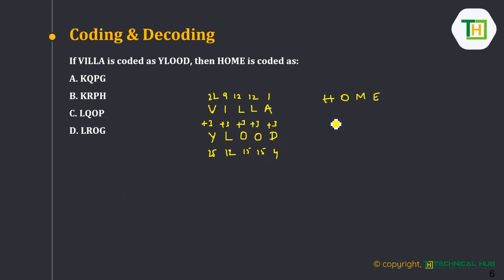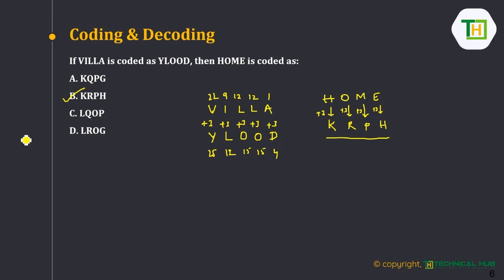H is 8, 8 plus 3 is 11, so it should be K. O is 15, 15 plus 3 is 18, which is R. M is 13, 13 plus 3 is 16, which is P. E is 5, 5 plus 3 is 8, which is H. KRPH will be the answer.